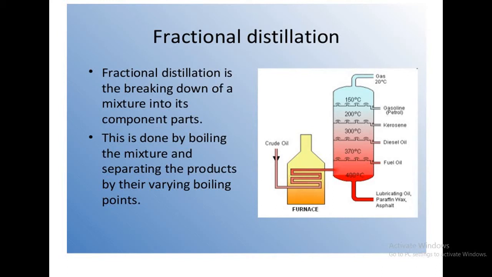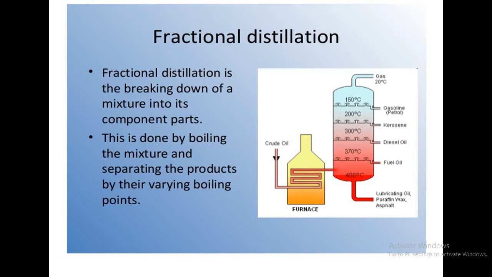So fractional distillation is basically a process in which we are heating a substance that we need to separate. We know that solutions are made up of different components, like solute and solvents mixed together. But if certain liquids are mixed together, forming a solution, there is a physical method that we can use to separate these different components.